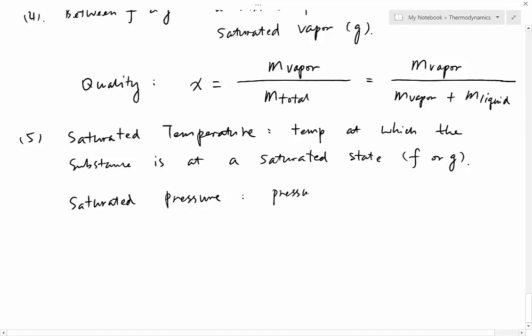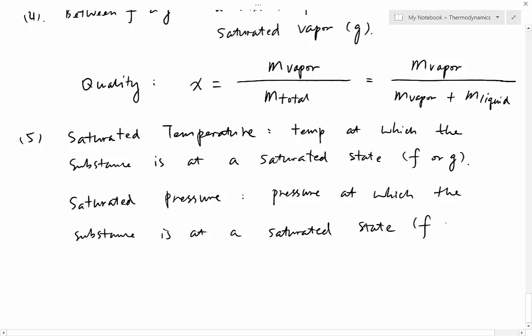Pressure at which the substance is at a saturated state, such as F point or G point. Okay, they are saturated temperature and saturated pressure.